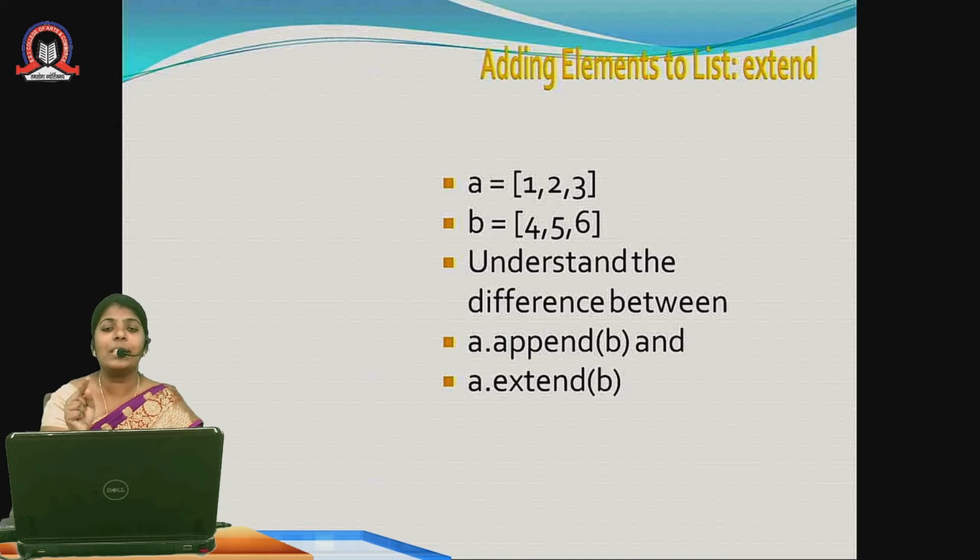The elements in B will be added to A. So the output will be 1, 2, 3, 4, 5, 6. So that is append and extend. Append means you are just adding an element to the list. Extend means you are extending the list from one list to another list.